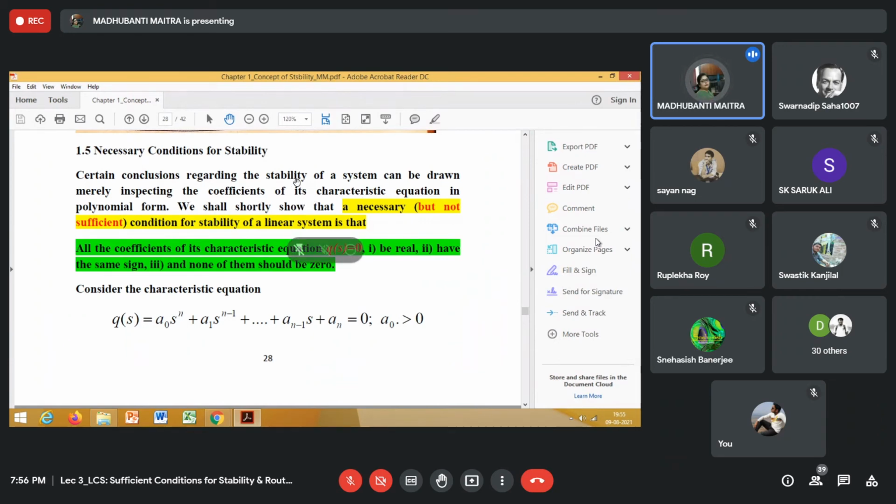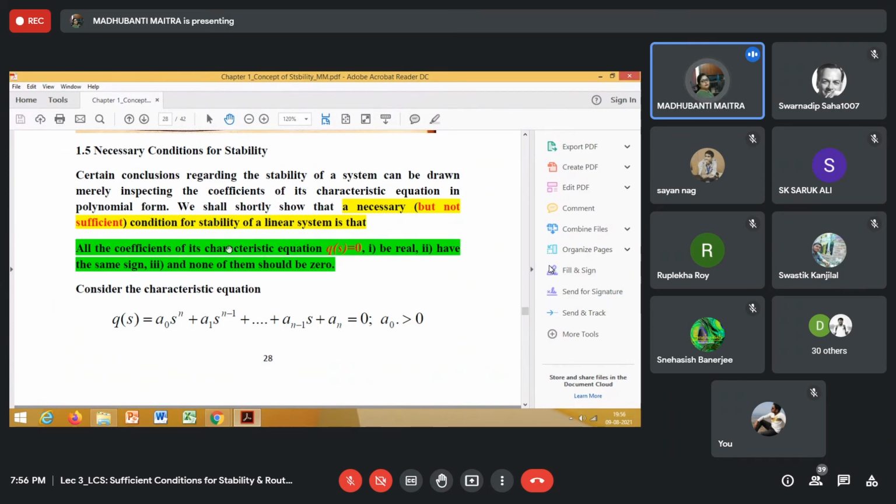Here we have expressed the characteristic equation in polynomial form. So these are the necessary conditions, but not sufficient conditions.